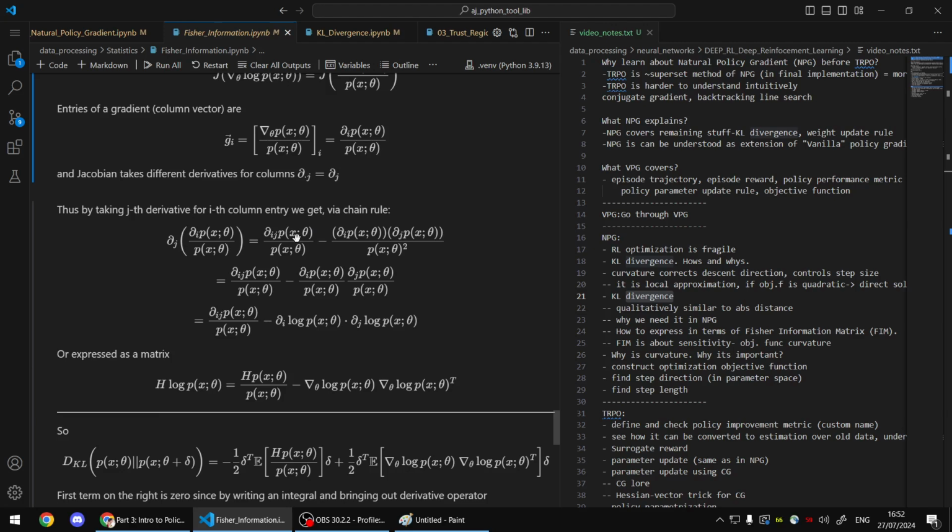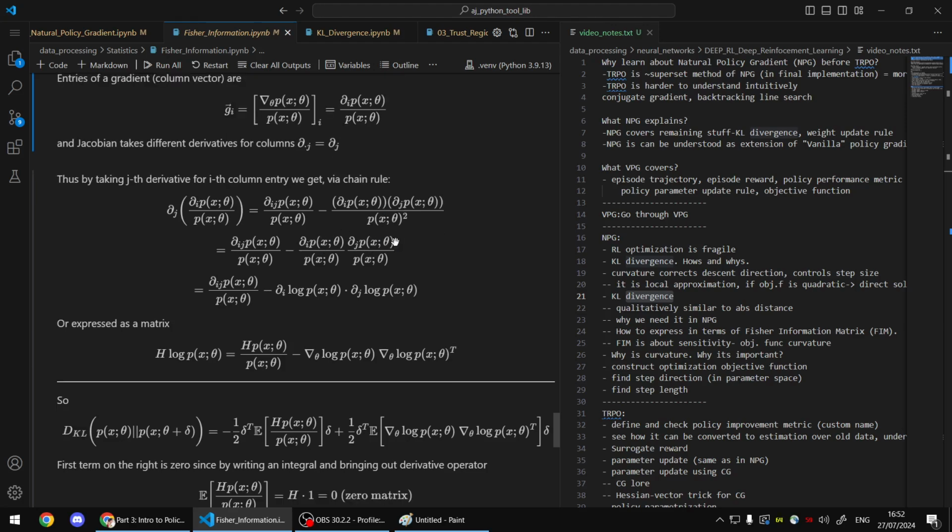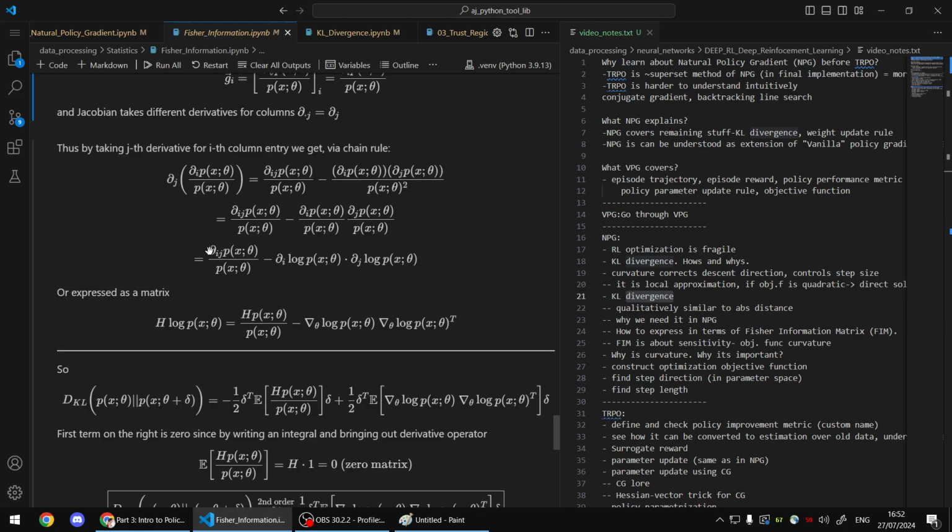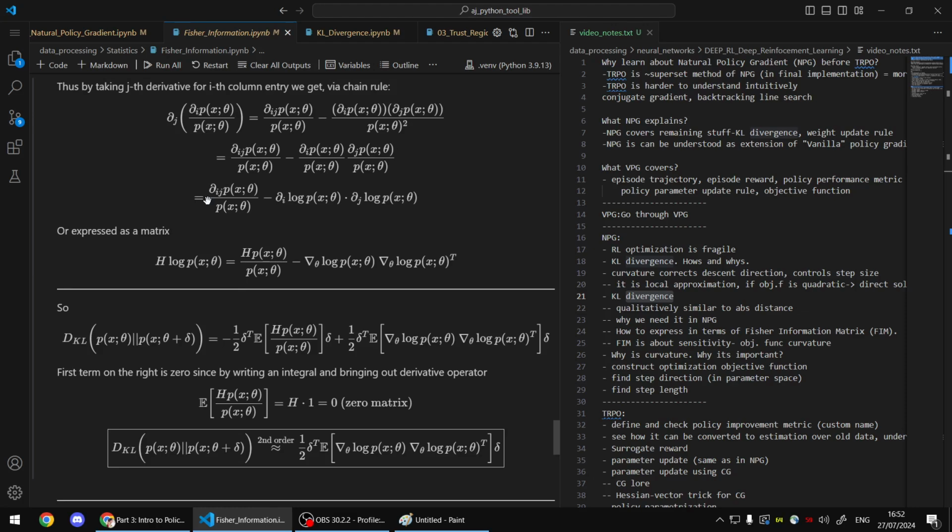It's a product rule in a sense. So what we observe is we can split the bottom half into two terms, and these are the derivatives of logs. This partial derivative ij is just a mixed derivative. It's an entry of a Hessian matrix.